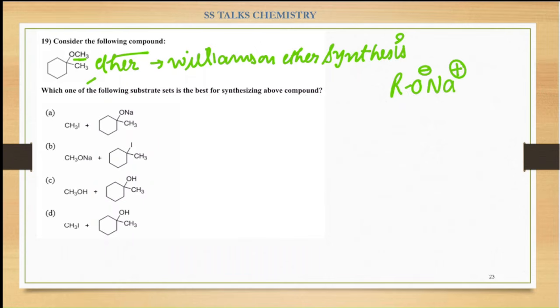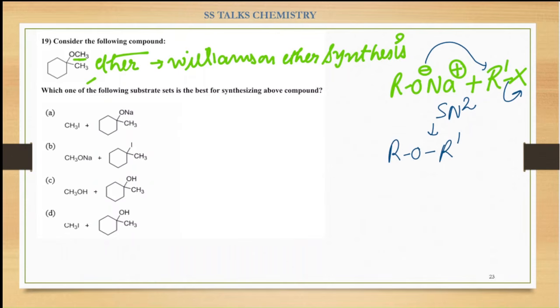This attacks the alkyl halide species, and there is an SN2 attack, that means a backside attack. The alkoxide attacks this alkyl halide and the X group leaves, resulting in the formation of the ether species. So you get R, O, R dash along with the release of NaX.